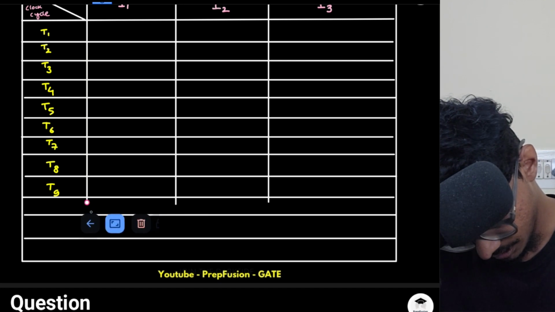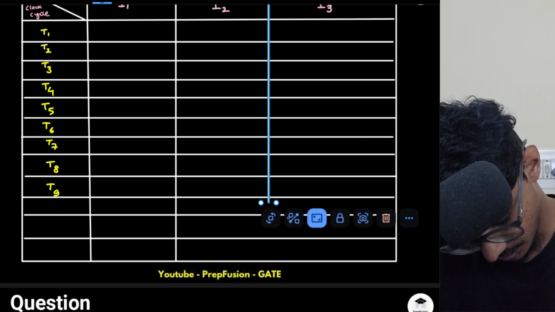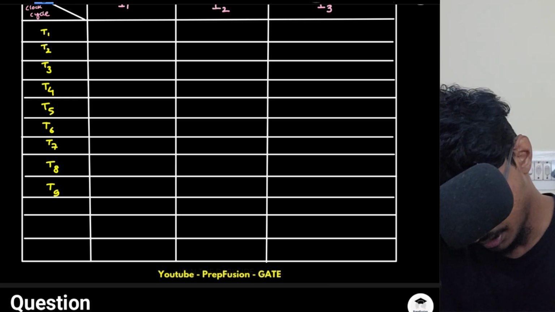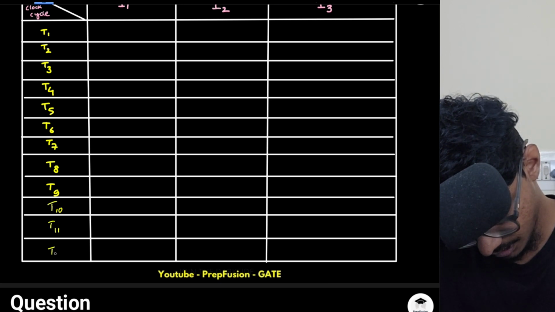So this will be increased, this will be increased, this will be increased. Let me put this as T10, T11 and T12.